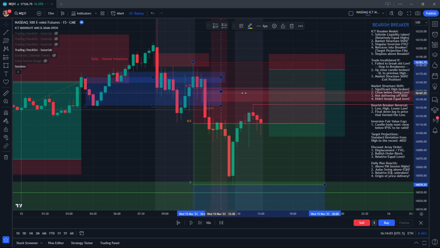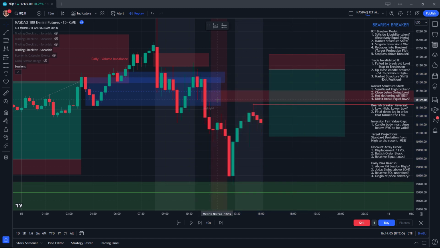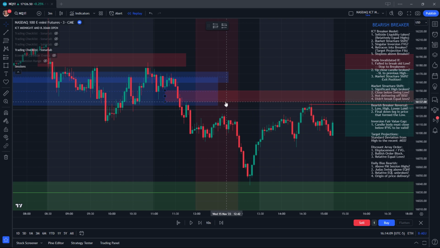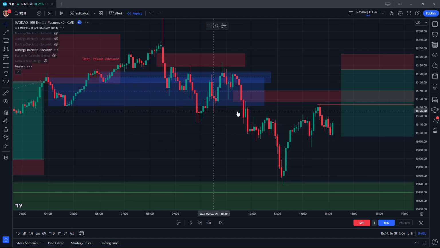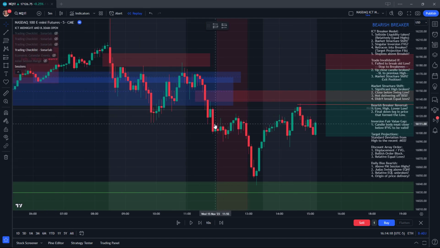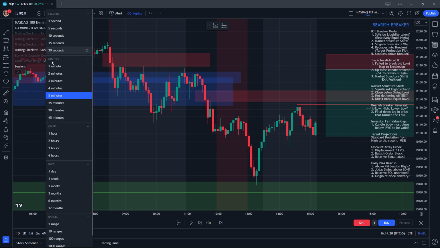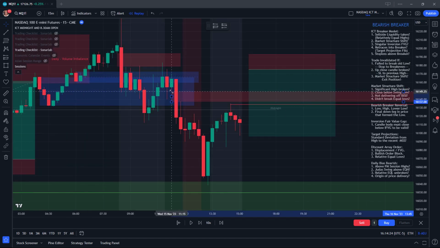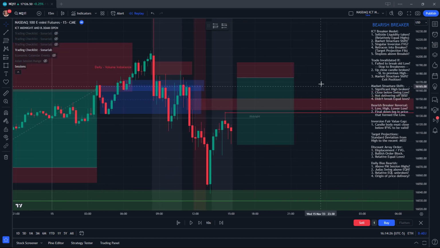And so we're looking for an inversion fair value gap within here. Start off on a 3 minute. There's one there. There's also one there as well, so we have to keep going up until there's just one. So there's one there, two, so go up again until we only have one inversion fair value gap, and then we use that one.